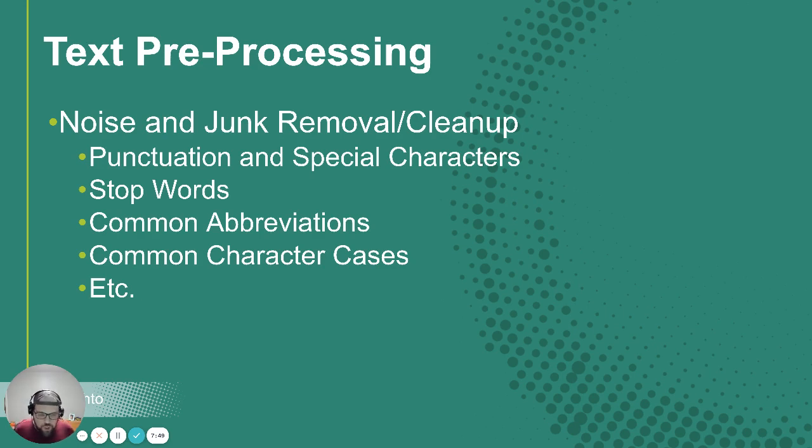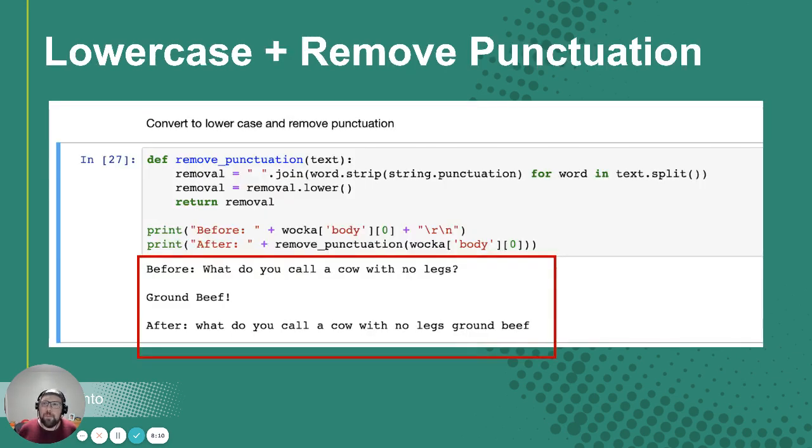Although that's changed a lot recently with the more sophisticated NLP machine learning models. They actually like that language and it helps derive context, but for these simple models, sometimes it detracts. Common abbreviations, casing, etc.